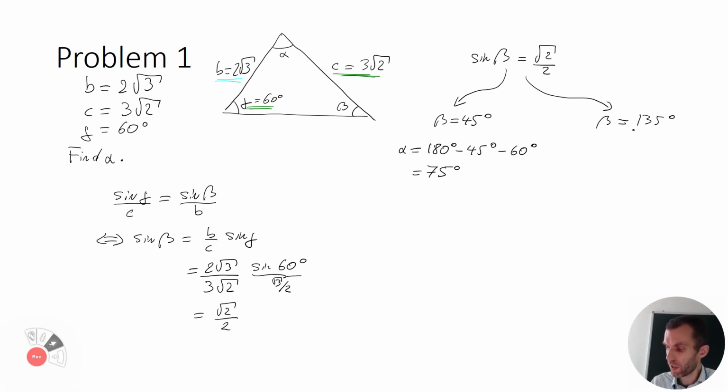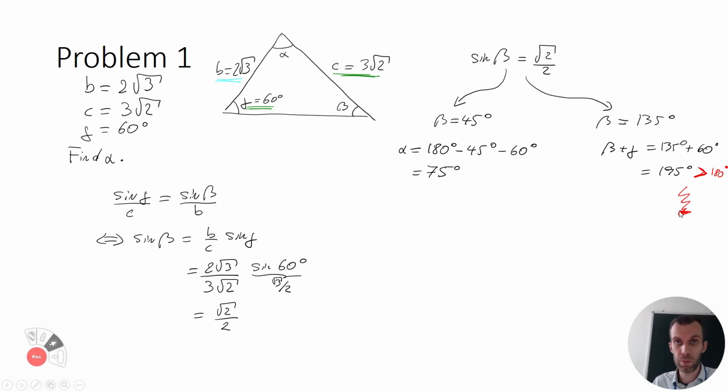And here on the other side, beta is 135 degrees. I claim that that's again an unphysical solution, because if you think a bit about beta plus gamma, that's 135 plus 60, that's 195 degrees. This is already bigger than 180 degrees, so that's impossible, because it means that alpha would have to be negative.